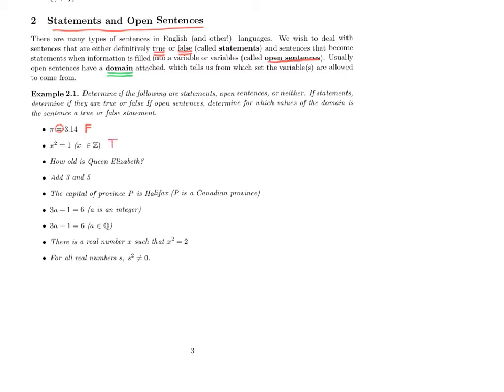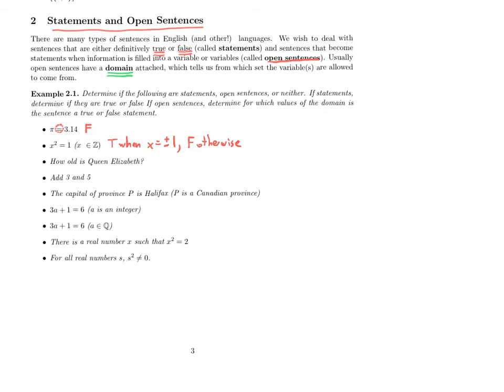It's 1 and negative 1. So it's true when x is either plus or minus 1, and it's false for any other value. So false otherwise. So the second one is an open sentence, which is true for x equals 1 and x equals negative 1, and false otherwise.